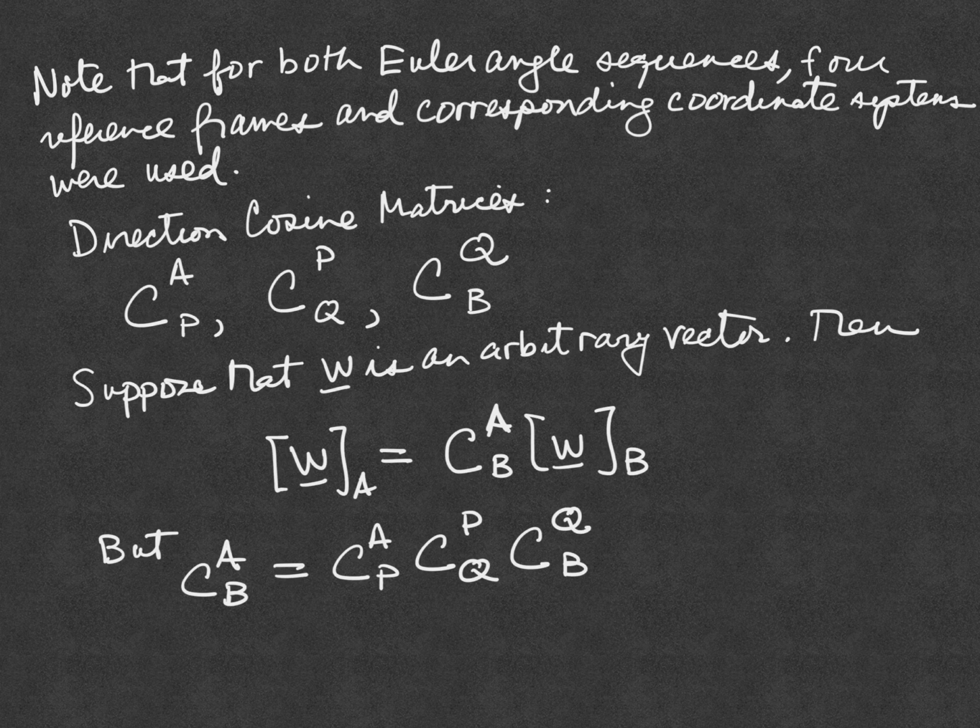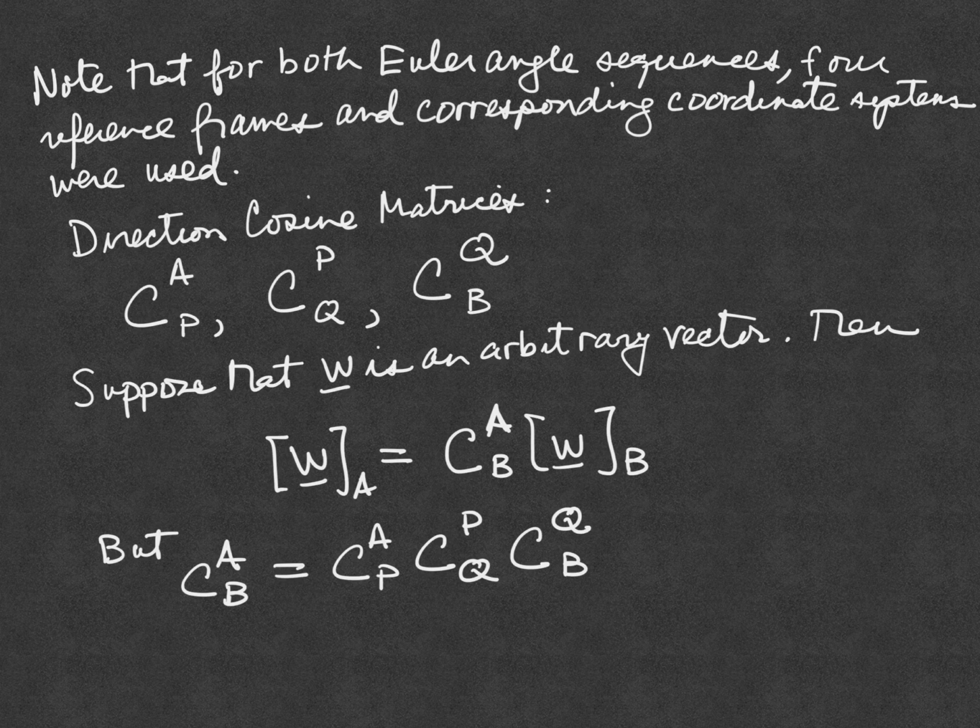Now, regardless of which Euler angle sequence I'm using, this same relationship holds, because I named the coordinate systems in the frames exactly the same way for either of these Euler angle sequences. So I went from A to P, P to Q, and Q to B, and those define the 3 rotations. So it doesn't make a difference. This is the relationship that provides me the transformation from B to A sequentially going through the different coordinate systems, or equivalently through the different frames, or yet again equivalently through all the rotations sequentially. And it starts with the last rotation and it works its way back.